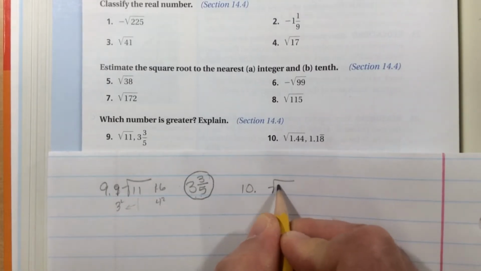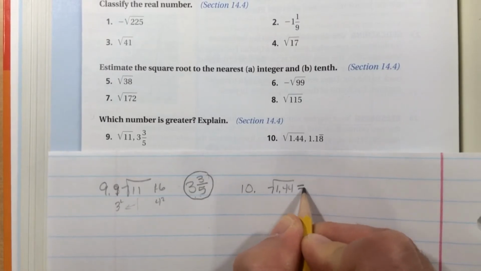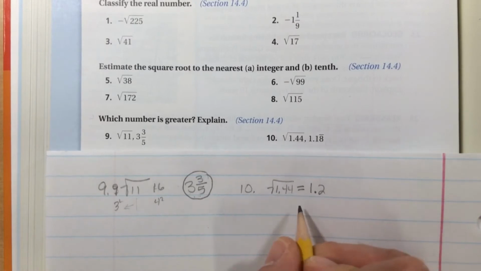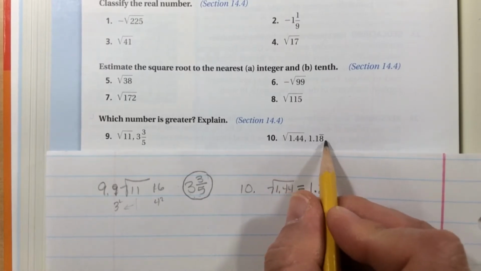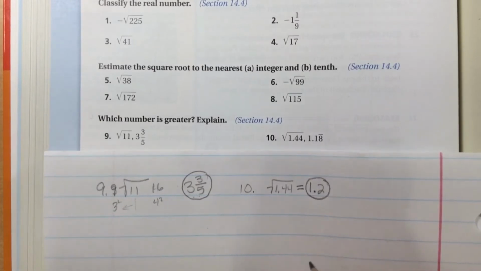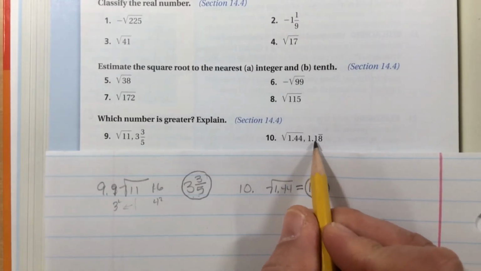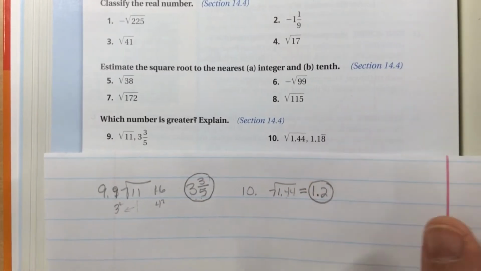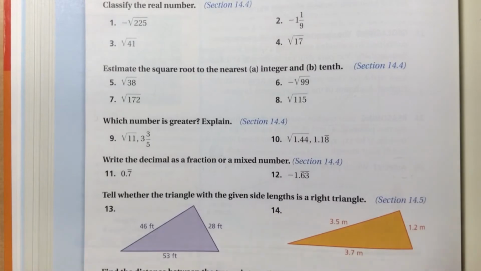So the square root of 1.44 equals 1.2, and this equals 1.18 repeating. Which one's bigger? This one, obviously. So 1.2 is larger than 1.18 repeating. That was an easy one to figure out because it actually was a perfect square.